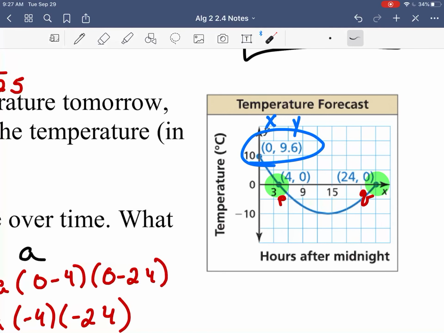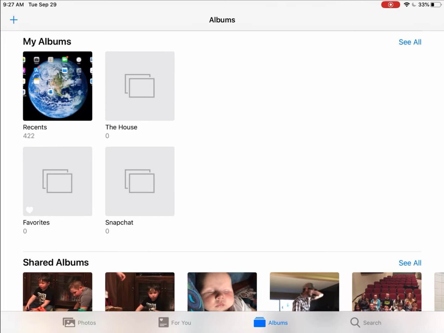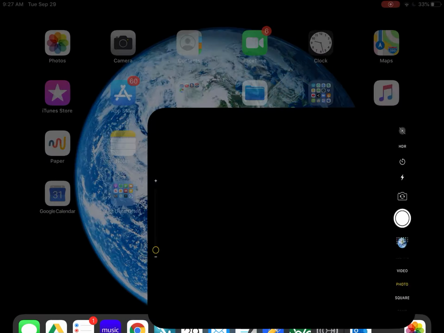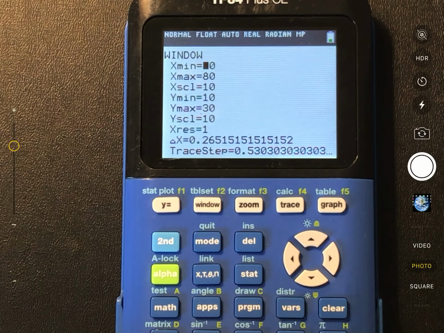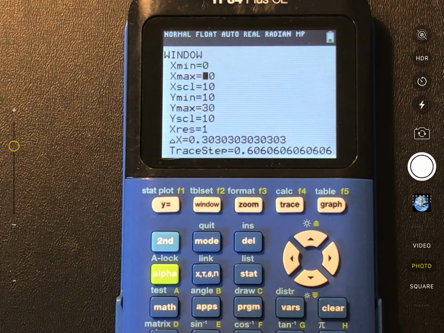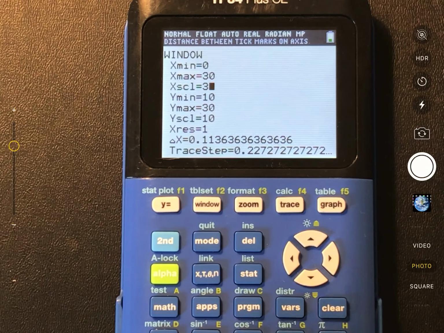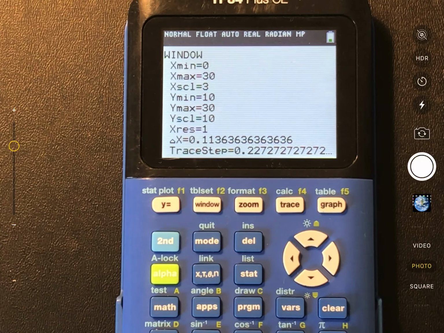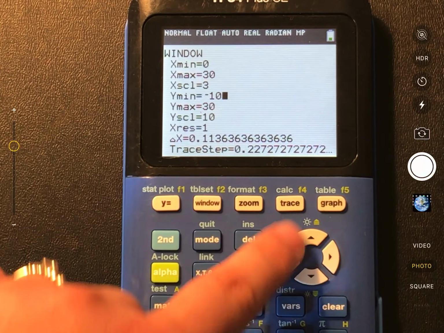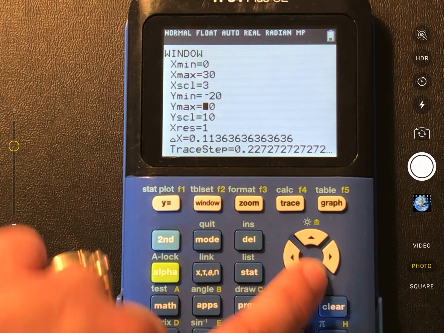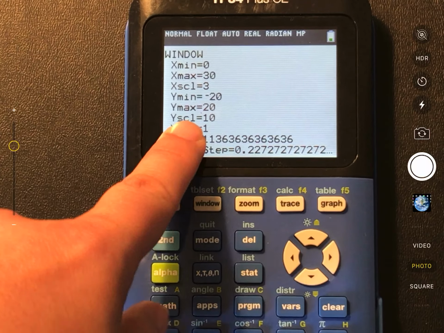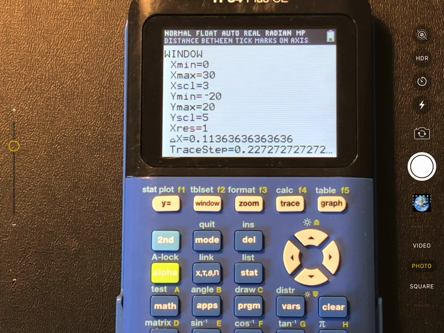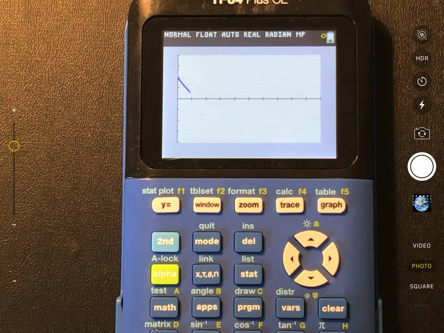So in my window, my x min is 0, x max we're going to go up to 30, and we'll count by 3s because that's what the graph does. My y's there went from negative 20 to 20, so there's y minimum, y maximum. And then we can count those by 5s maybe. And then look at the graph.